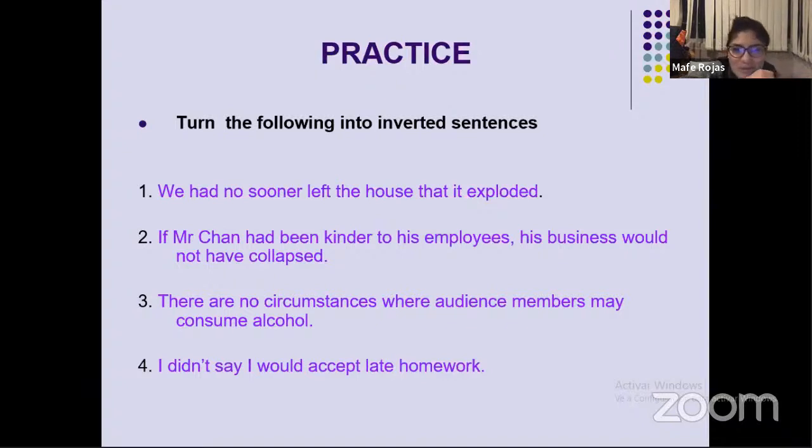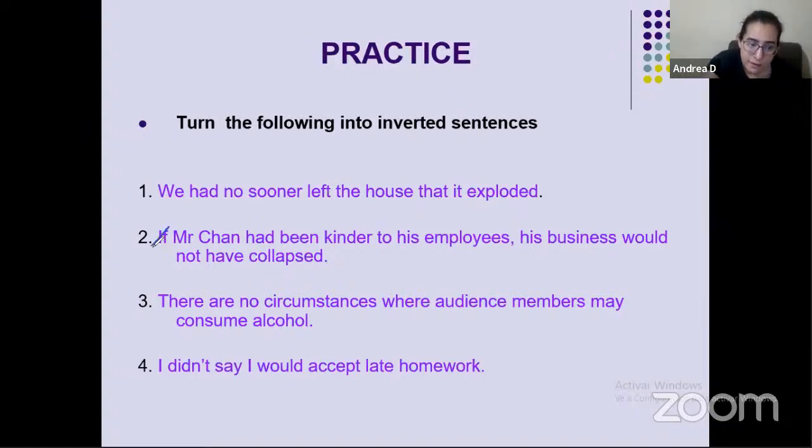I don't know how to do an inversion. The only thing that you can invert in a conditional is the condition.